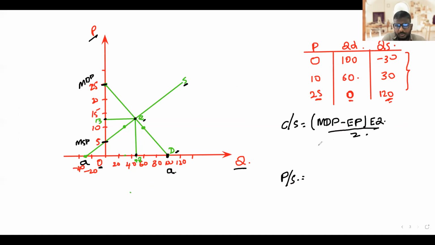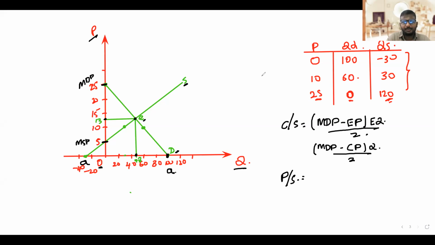Or else you can use maximum demand price minus the buyer price, the consumer price, into the quantity the consumer bought divided by 2. And what is the consumer price at the equilibrium price? It's the equilibrium price, right? They're asking you to find the consumer surplus at equilibrium price, at the equilibrium.